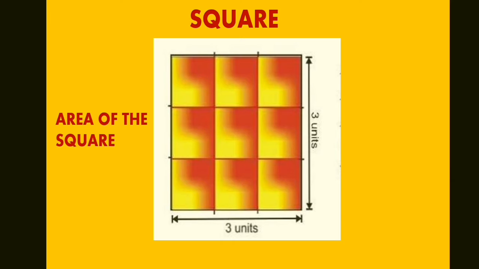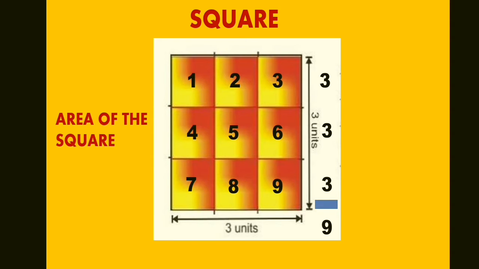Yes, inside, because we are talking about area. Fine. So how many small squares? 1, 2, 3, 4, 5, 6, 7, 8 and 9. So totally I got 9 small squares. In other words, in each row, I got 3 small squares, right? So if I add up, I got 9 squares in total.